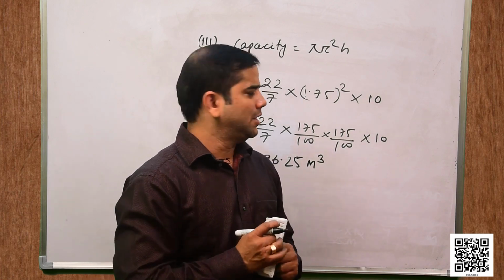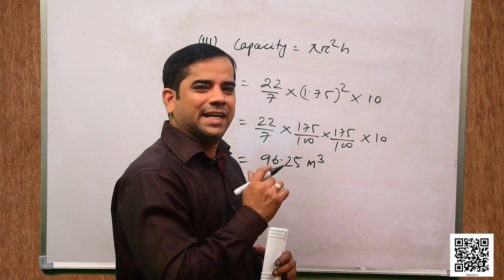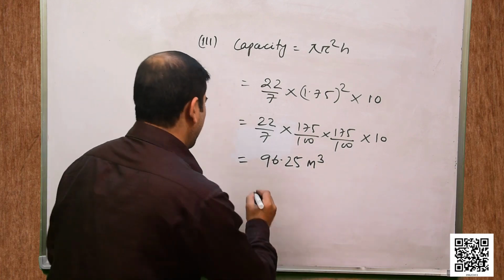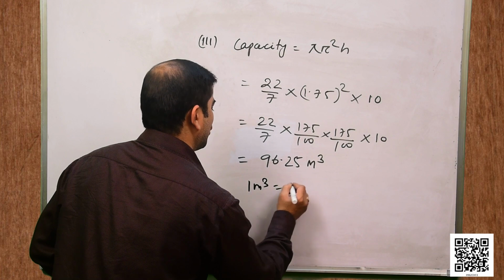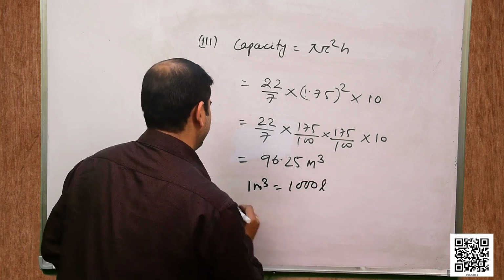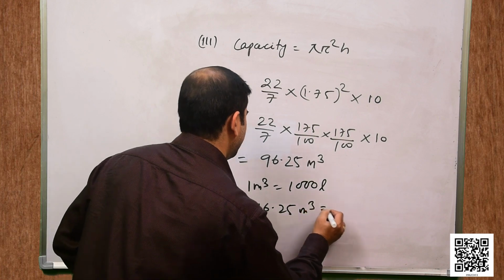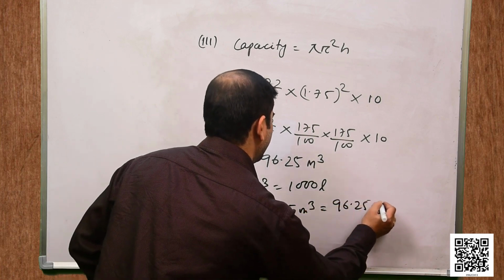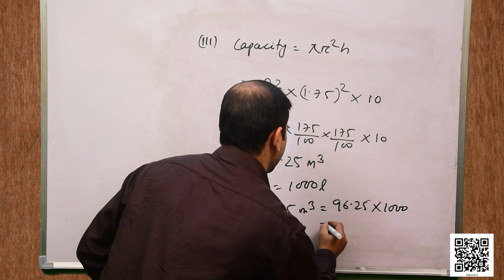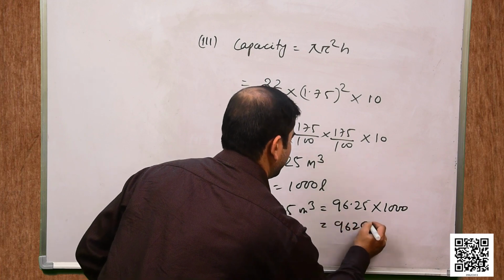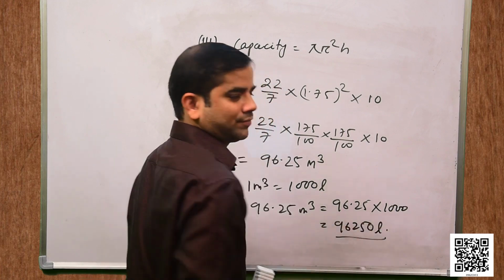So, the capacity of the vessel is 96.25 meter cube. Let us convert it into liters. Students, we know that 1 meter cube is equal to 1000 liter. That means 96.25 meter cube is equal to 96.25 into 1000, that is 96250 liter.